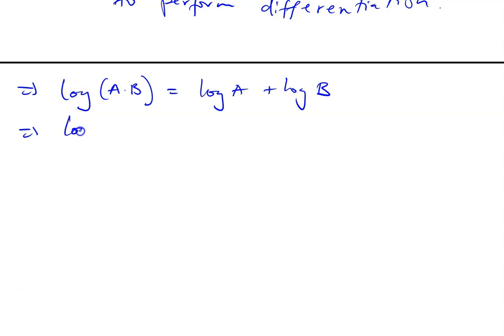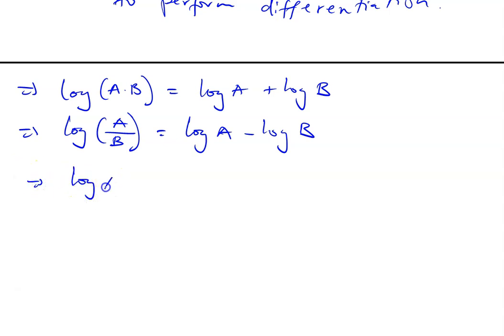If I have log a on b, it is the same as log a minus log b. And if I have log a exponent n, I can rewrite this as n log a. These are things that we did in senior high school.